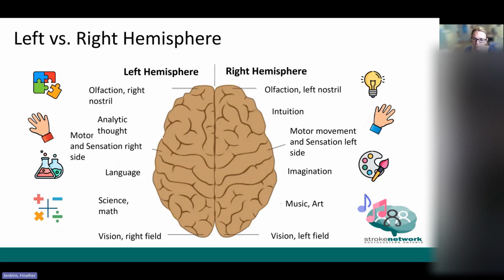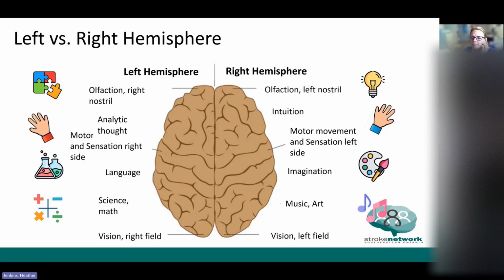While it is largely duplicated, with things like your motor function on your left side controlled from your right brain and vice versa, there are some differences between the hemispheres, some functions that live only in one side or the other, some areas of specialty. The most notable one is language. Speech and language is generally in the left hemisphere, with few exceptions in some folks who are left-handed where their hemispheres are actually switched.